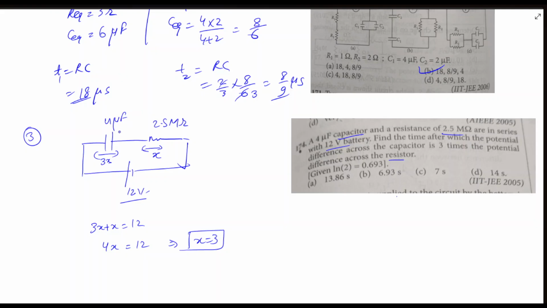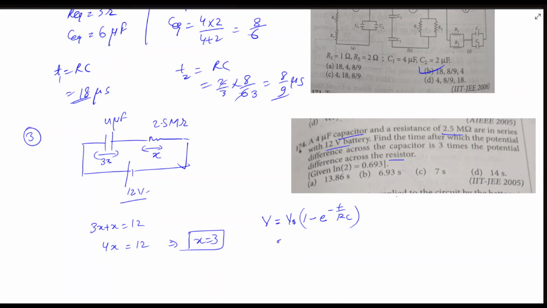Now we know the formula for potential, so how potential difference across this capacitor will change, right? It will be V equals V naught into 1 minus e to the power minus t by RC, right?